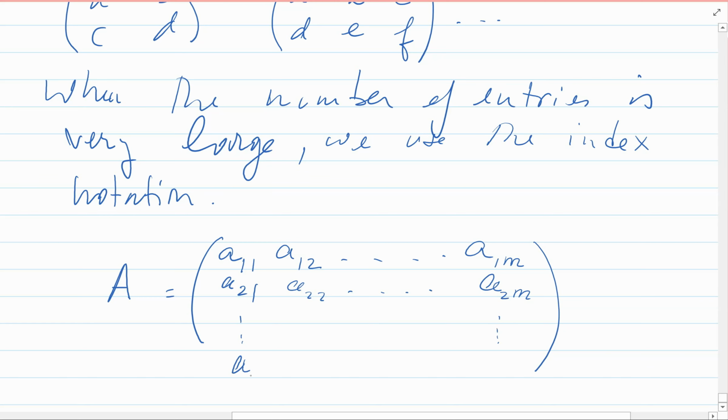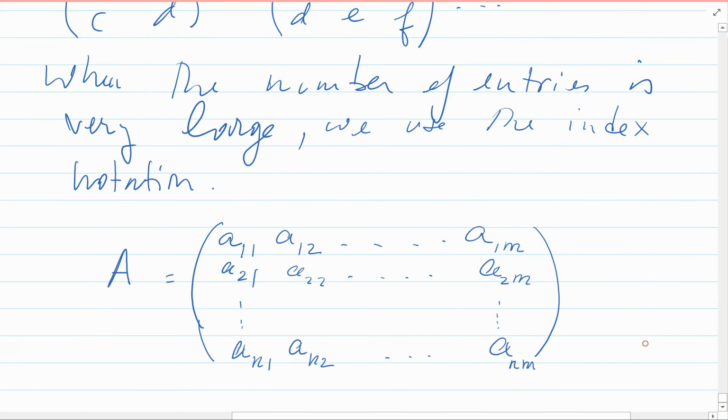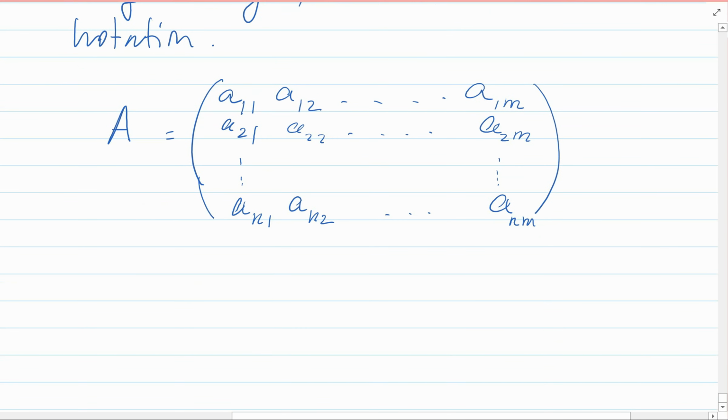So this is the first number in the nth row, an1. Second number in the nth row, an2, etc., anm. So this is the general notation that we use.